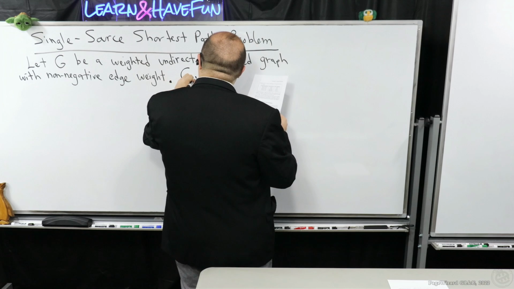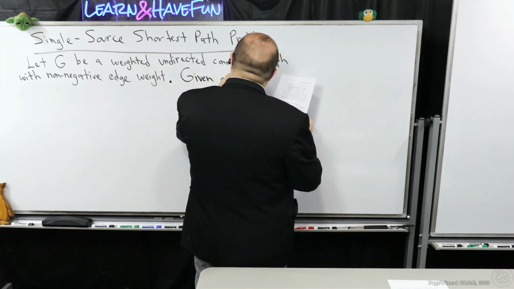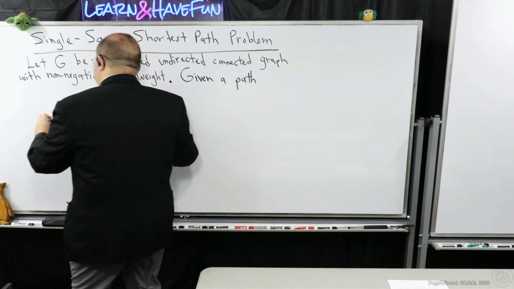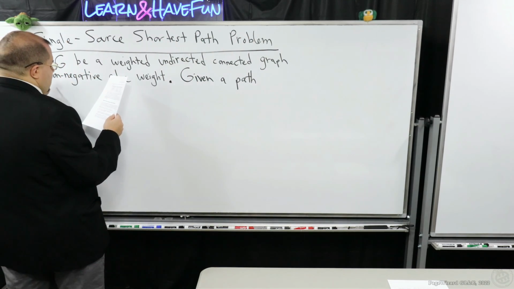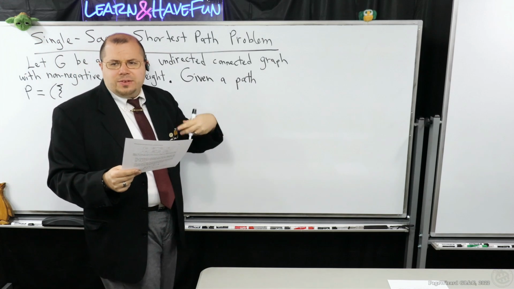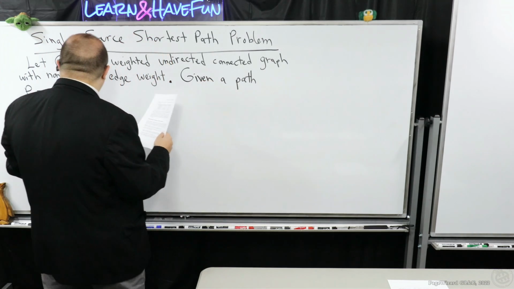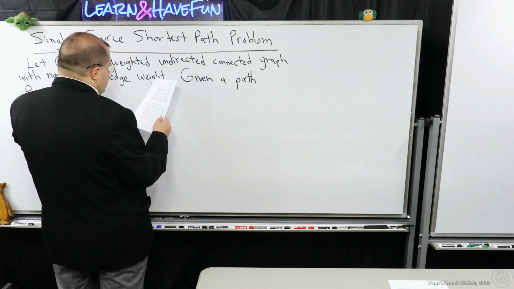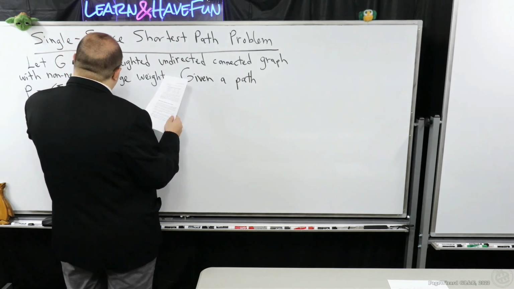So suppose I'm given a path. Suppose I give you a path P. And this would just be a sequence of adjacent vertices. I'm going to give it as a set of edges in the order for which you would encounter them. So V0, V1, V1, V2.